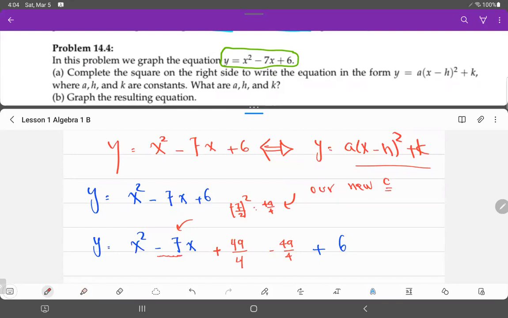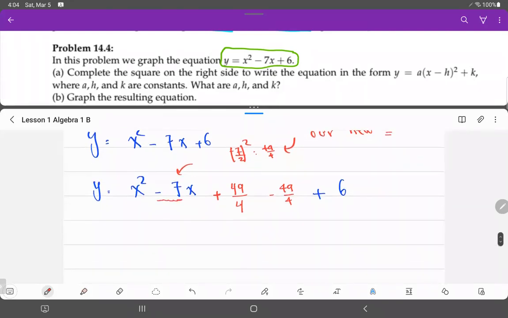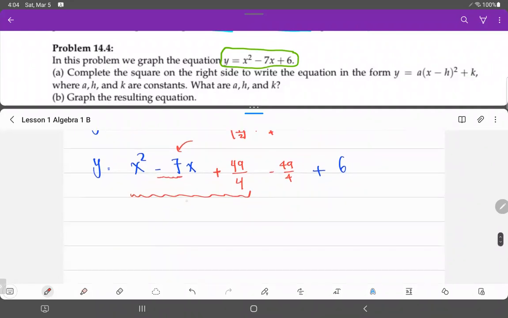But we are manipulating. We need this addition value because my goal is to gather these 3 guys together, because we know this is a perfect square.